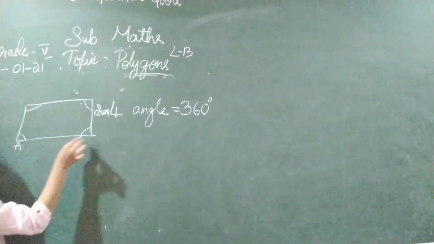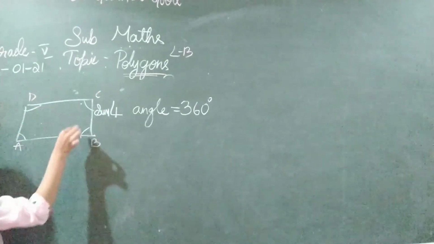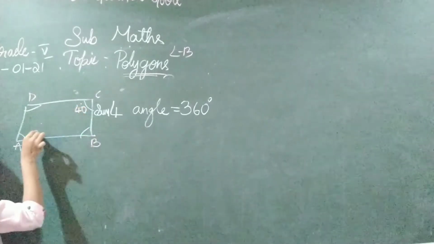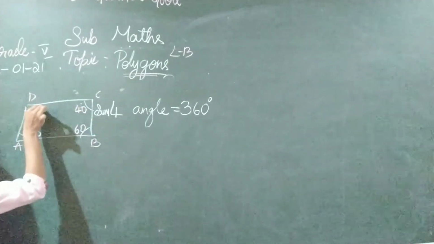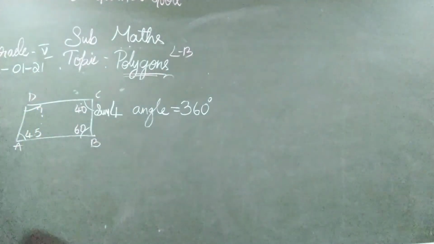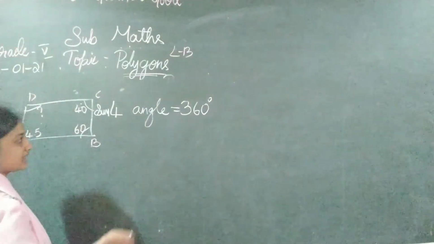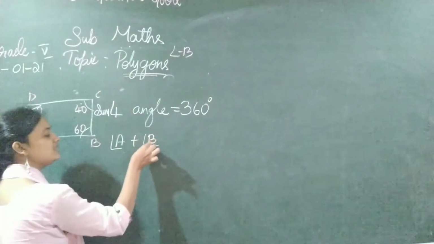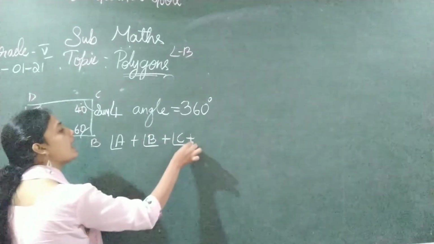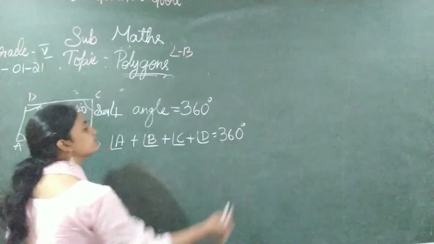Okay, let me name them A, B, C, D, and I am going to give the angles here: this to be 40, here 45, 60. Now you should find the missing angle here. How will I find it out? Just like how you did in triangles, take angles A plus B plus C plus D equal to 360 degrees.